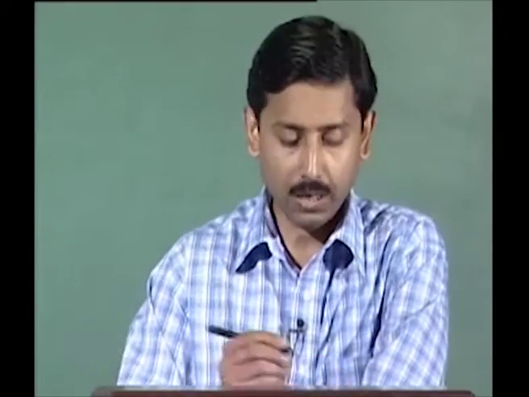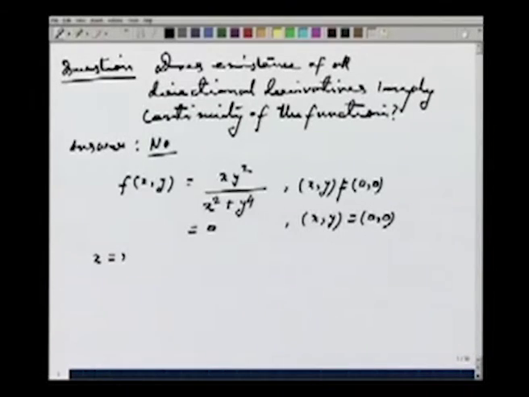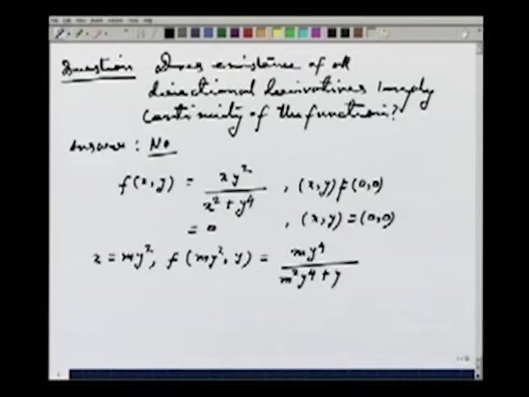So what I do is I approach (0, 0) through the path x equal to m y square. If I do that, then f of (m y square, y) turns out to be m y square times y square, that is m y to the power 4, divided by x square, which now means m square y to the power 4, plus y to the power 4, which is m by 1 plus m square.